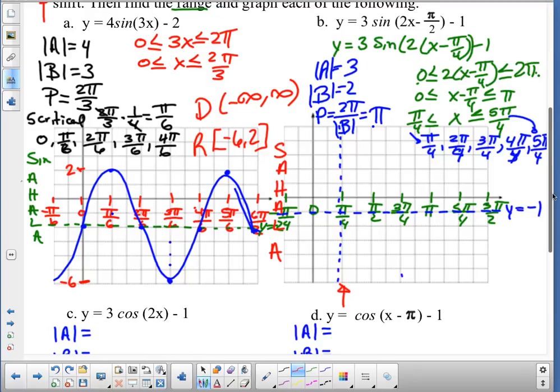And now I'm looking at starting on my axis at pi over 4 at 0. Now I'm going to go high, and my high is 3. I've got a 3 there for my amplitude, so it's 1, 2, 3 away from my axis.